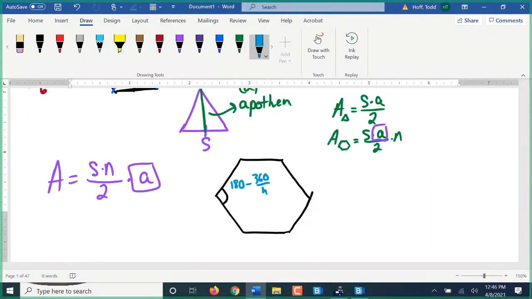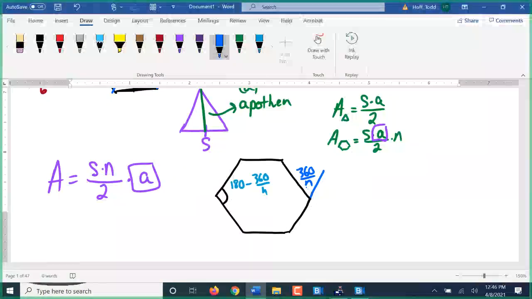Another way to look at it, another formula for that, we know this exterior angle here is 360 degrees divided by n. It's the supplement of that. Well, remember, supplementary angles have the same sine.